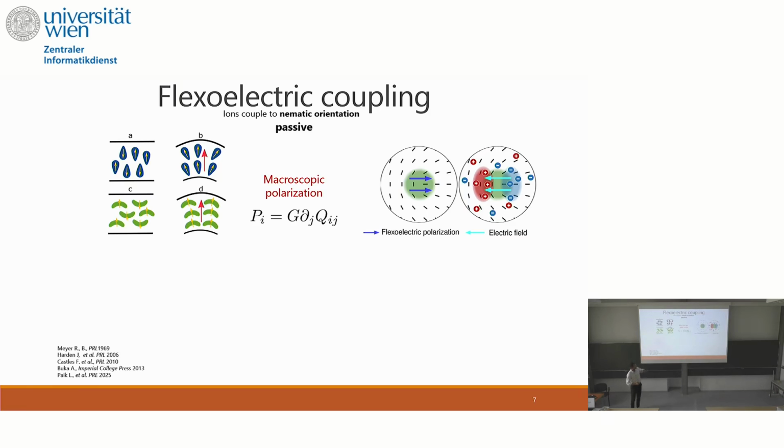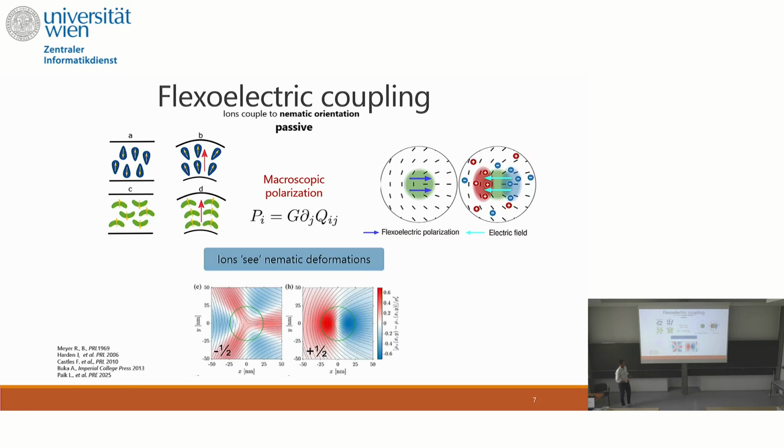And around the +1/2 defect, the flexoelectric polarization is like this, if we calculate with this expression. And this produces an electric field, which actually separates positive and negative ions. So around the +1/2 defect, because of flexoelectric polarization, we have separation of positive and negative ions. If we calculate that more carefully, we get such distributions around +1/2 and -1/2 defects.